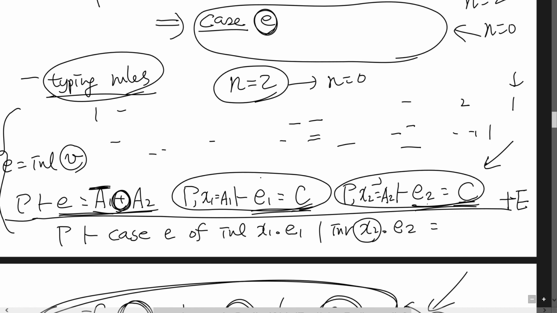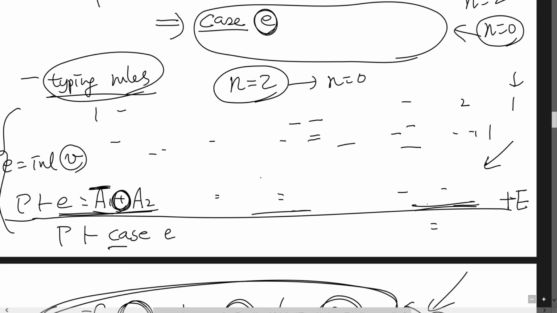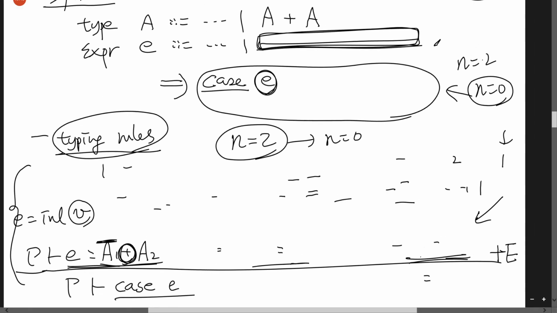Now, if we set n to 0, these two cases disappear because we get rid of these two branches. So we only have this case expression E.